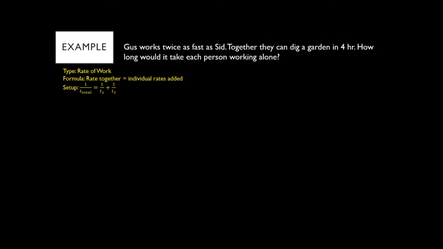And then this last one, same sort of thing. We want to set this up. Gus works twice as fast as Sid. Together they can dig a garden in 4 hours. How long would it take each person working alone? We have the same sort of setup. Together is 4 hours, so it's going to be 1 over 4 equals, and I'm going to label here: this is going to be for Gus and this is Sid.